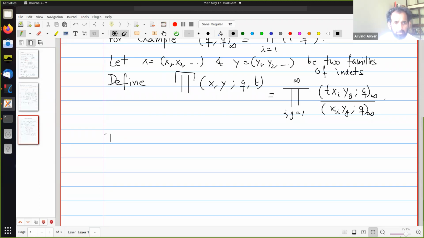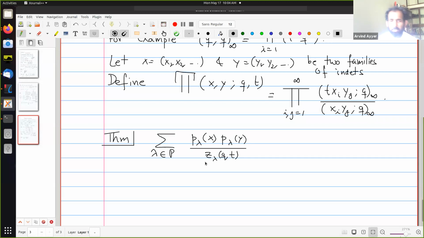And so the theorem is that if you sum over all partitions lambda of the power sums in these two variables, p lambda of x, p lambda of y, divided by z lambda of q,t, this is equal to this capital Pi of x, y.